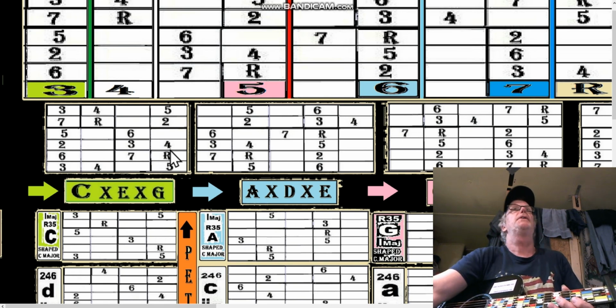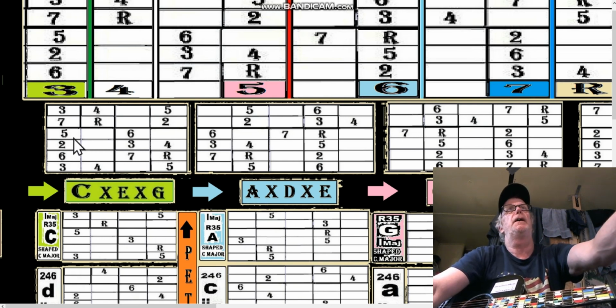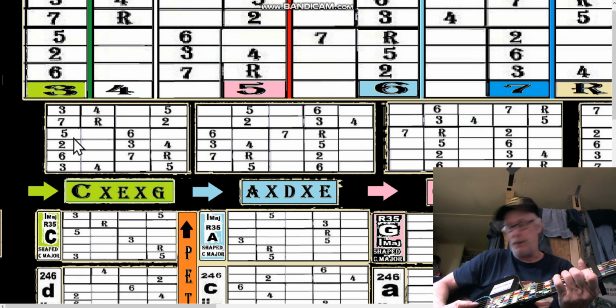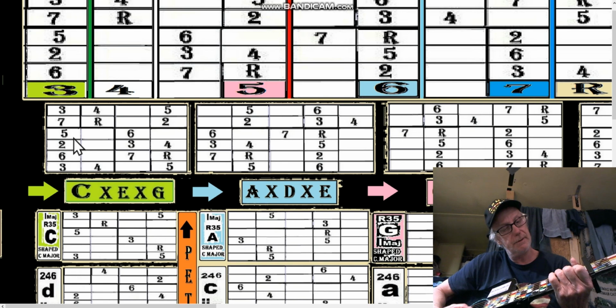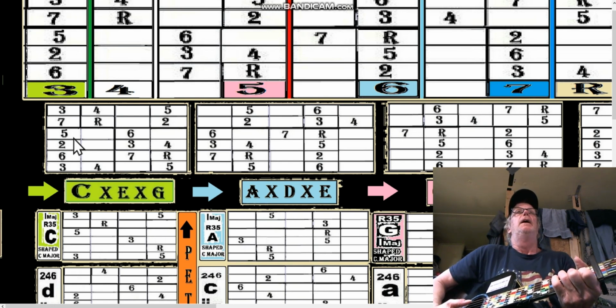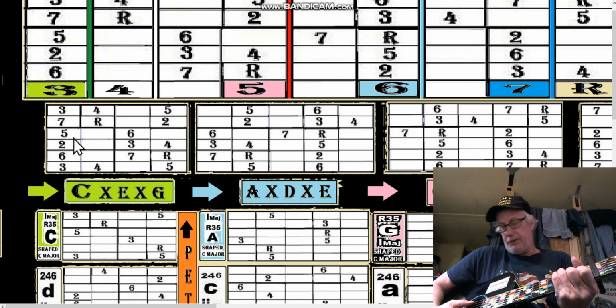It has 3 modal scales in it. The first one can be considered the C-shaped pentatonic, where you've got R-3-5, right? R-3-5 in the key of C. And the cage is in the key of C, so on your guitar this would be key of C. All right, that's C, E, G. You can hit the 5 underneath it.